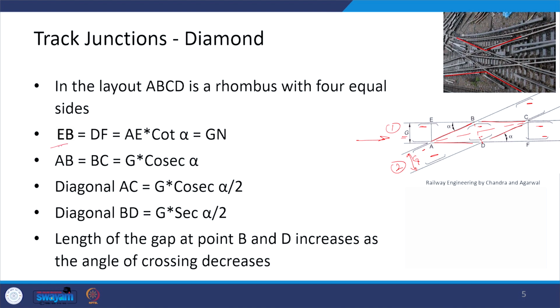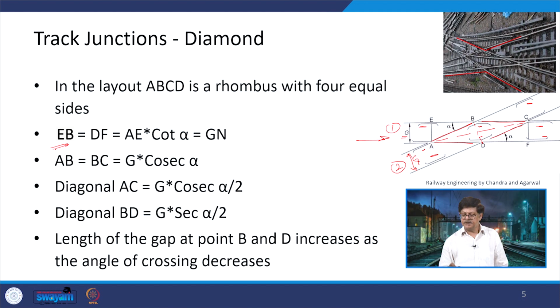So, let us look at the first, that is EB here, and this is DF. DF is equal to A into cot alpha. So DF is here and this is AE. A into cot alpha is the value which will be there.